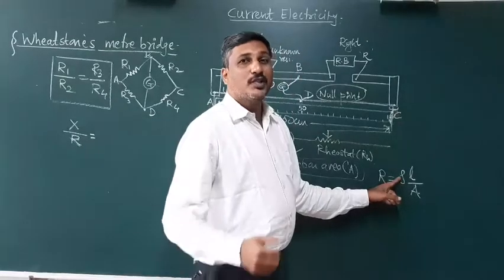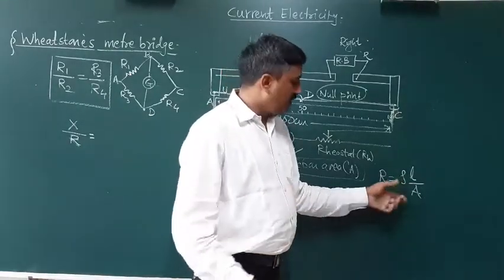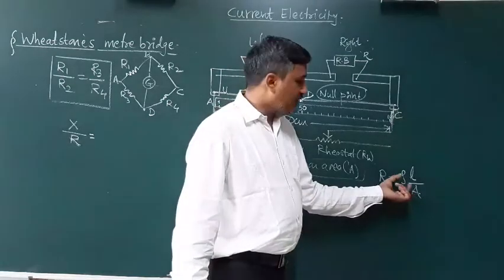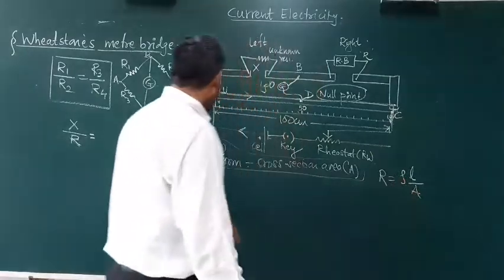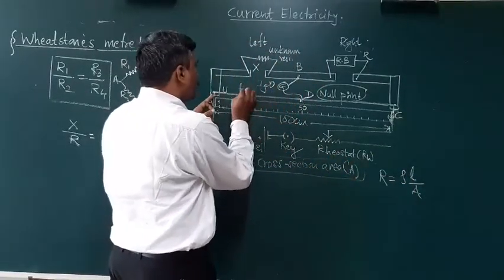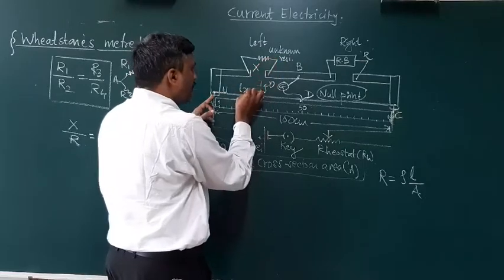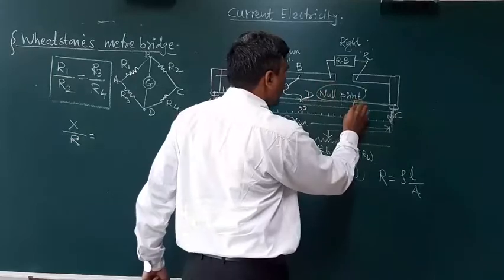Rho means specific resistance or resistivity, which depends on the material. So rho and A are constant, and only R is proportional to L. So the left side length corresponds to the unknown resistance X, and the right corresponds to the known resistance R.